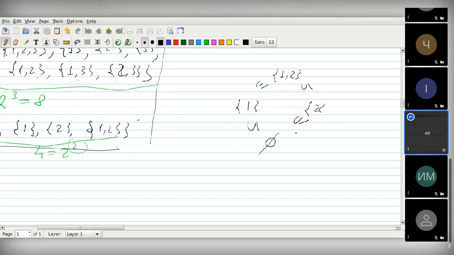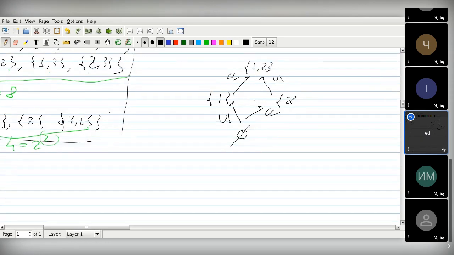Of course, the empty set is a subset of this set as well, but there is no need to draw an arrow, as it follows from transitivity that if x is a subset of y and y is a subset of z, then x is a subset of z. So here you obtain a square.